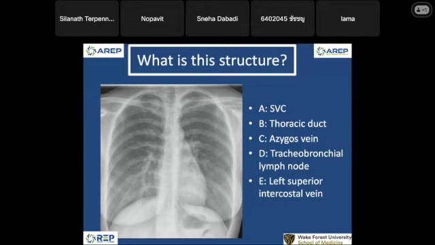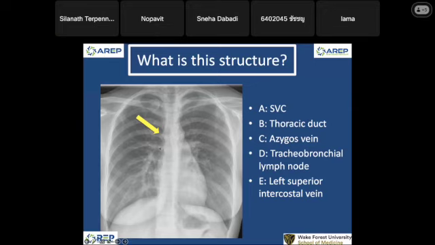I'm going to ask you, what is this structure? I'm going to point it out here. This structure right here, I show you on the CT. What is that? Okay, this is a normal chest radiograph, first thing first. Very good penetration, good exposure. So this is the tracheal air column. This is my left main bronchus.